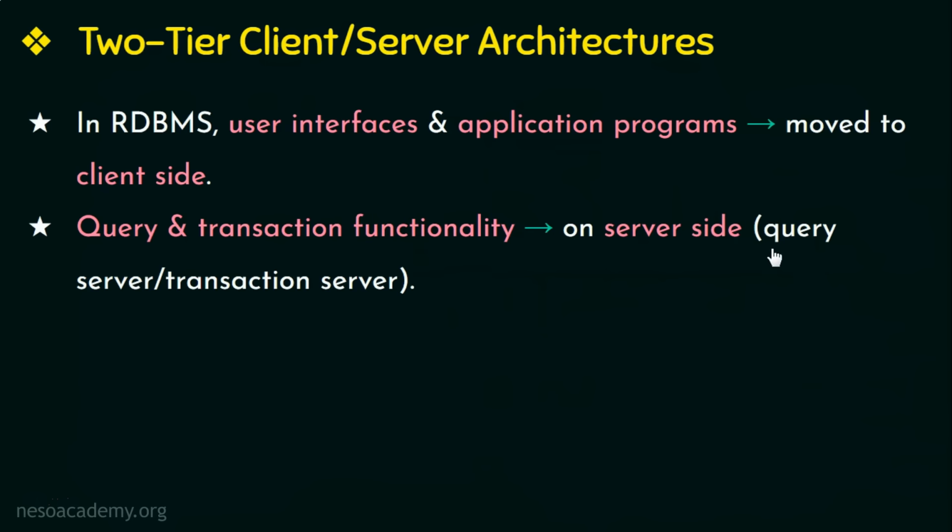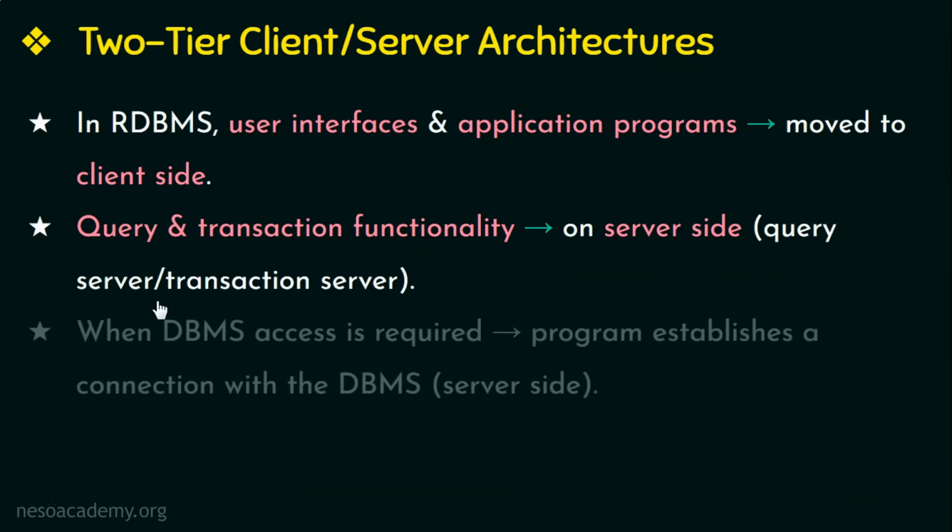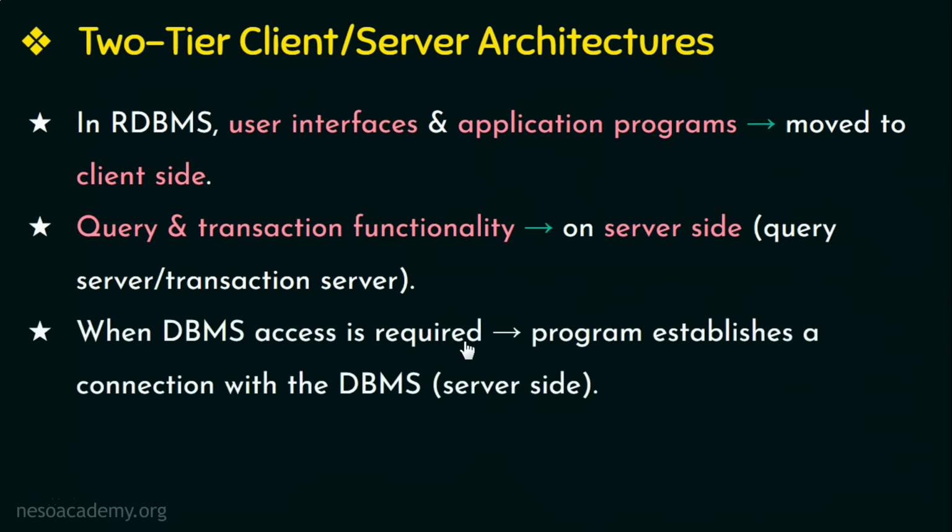And such a server is called the query server or transaction server because it provides these two functionalities. In RDBMS, the server is also called the SQL server because most of the RDBMS servers are based on the SQL language and standard. Now, when DBMS access is required, the application program establishes a connection with the DBMS on the server side.